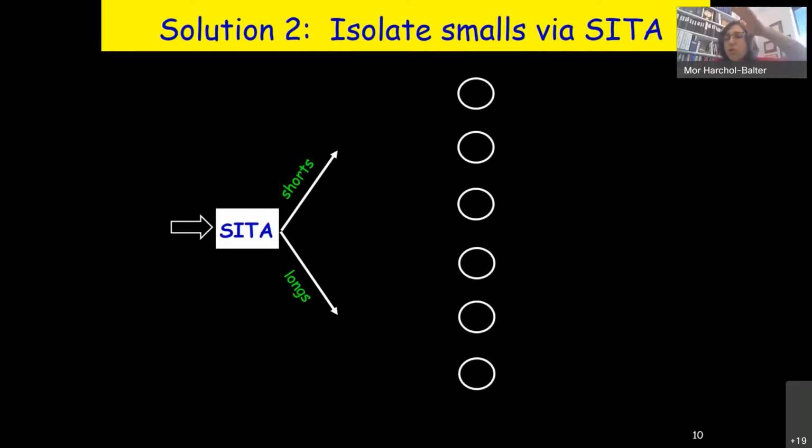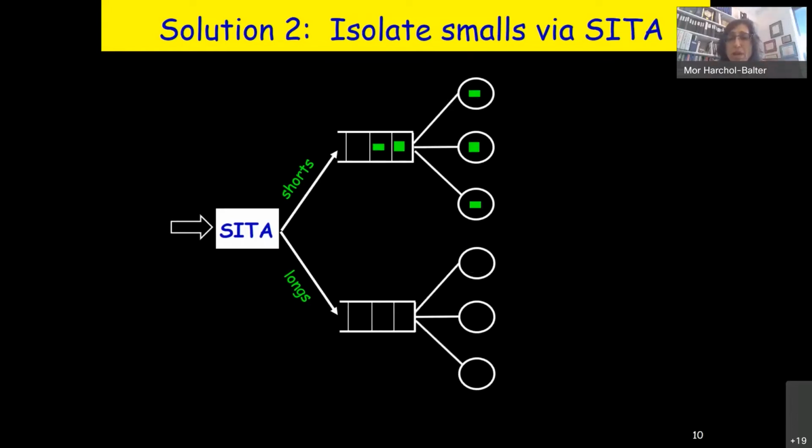You want to separate the shorts and the longs. So specifically, you have one queue that's for all the short jobs, and then a different queue for all the long jobs. So you put the long jobs in one queue, the short jobs in another, so the short jobs never wait behind long jobs.